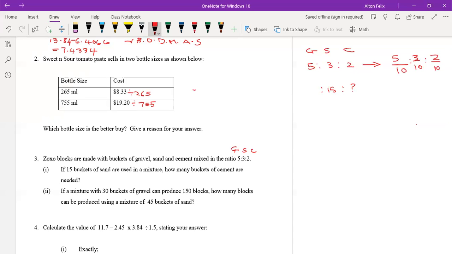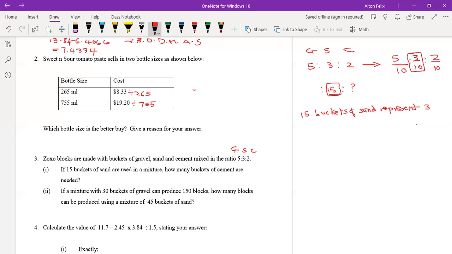Okay, so 15 buckets of sand represents 3/10, right? 3 parts out of 10. So let's write that. So 15 buckets of sand represent 3 parts.